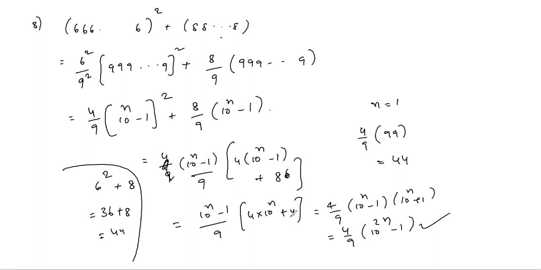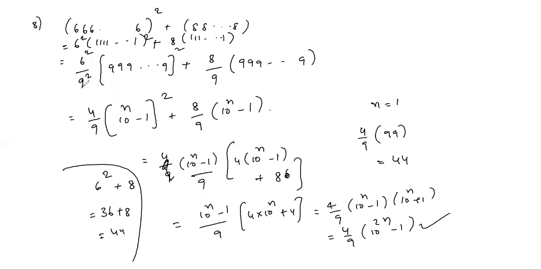Given problem only correct. Okay, understand this one? Same as this. 6 you take common. So 6 is square outside. Next in the bracket you will get only 1 1 1 and so on 1 n times whole square plus 8 you take common 1 1 1 and so on 1 n times. Next as it is you multiply with here 9 square because you are taking whole square.